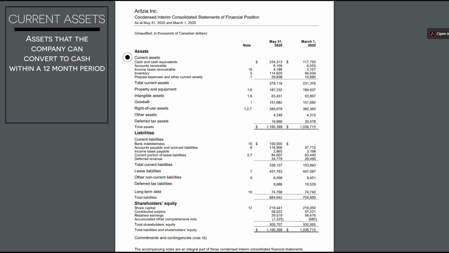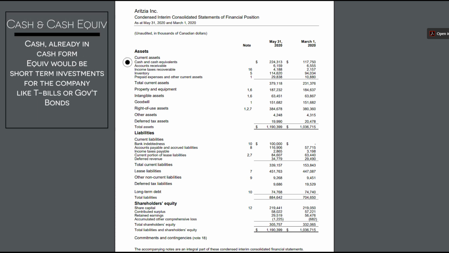So current assets. What does current assets mean? This is essentially assets that the company owns that can be turned into actual cash within the next 12 months. So the first line, cash and cash equivalents. Obviously, cash is already in cash form, and cash equivalents would be short-term investments that the company has that have relatively short maturity dates, like government bonds or treasury bills.